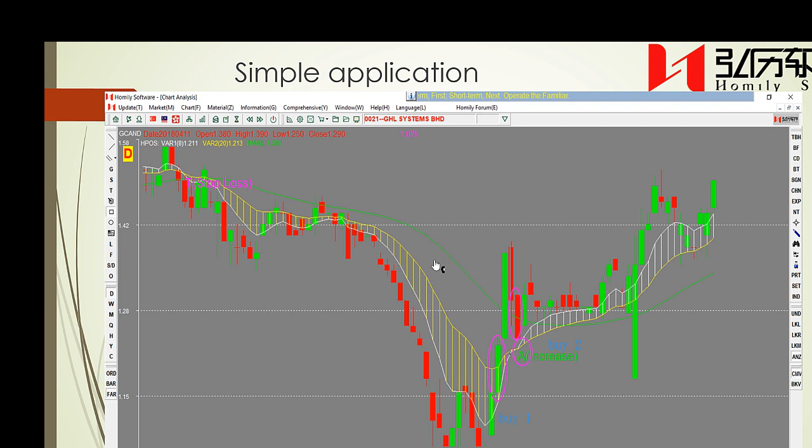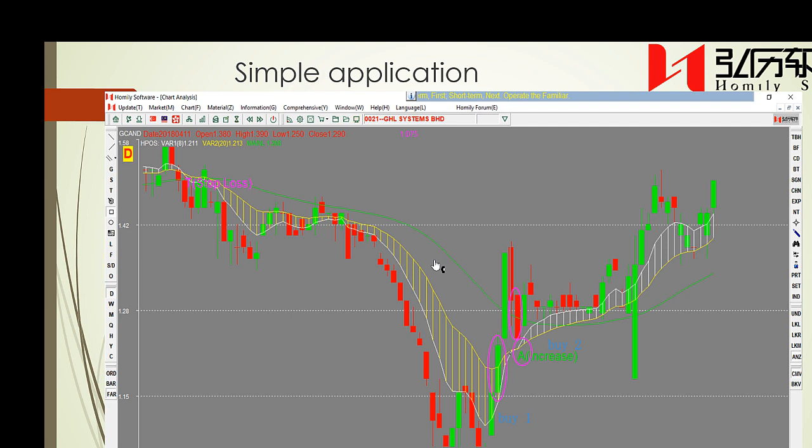After that the price keeps dropping, but here we can see the price drops to the white band, and then an increase signal comes out. So here we can increase our position.